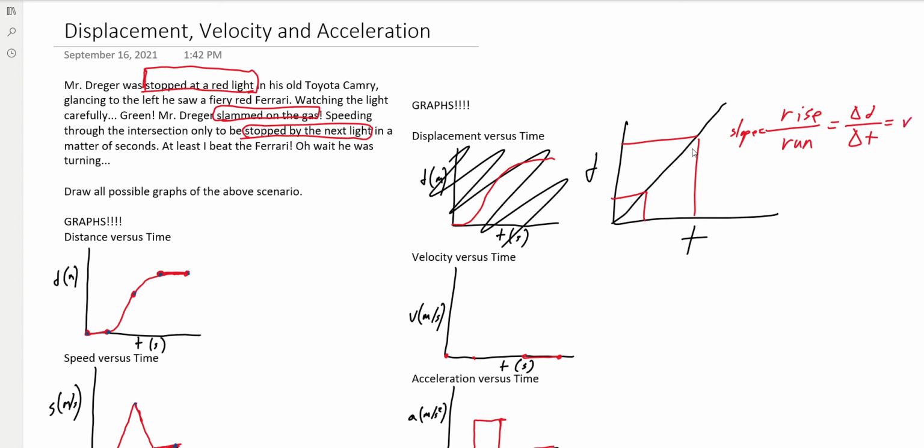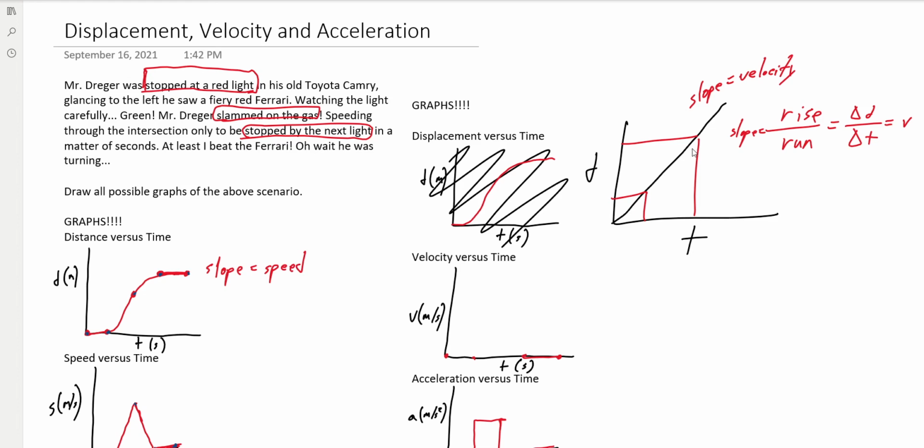The velocity. So the slope equals velocity. Okay, this is beautiful. Slope of displacement equals velocity. Slope of distance equals speed. Whereas over here, slope equals velocity.